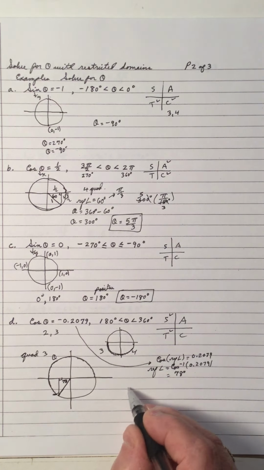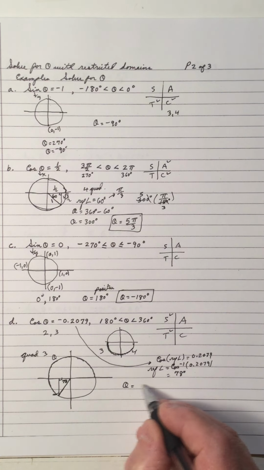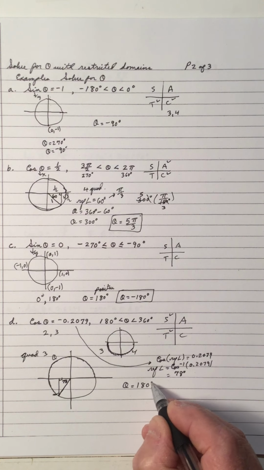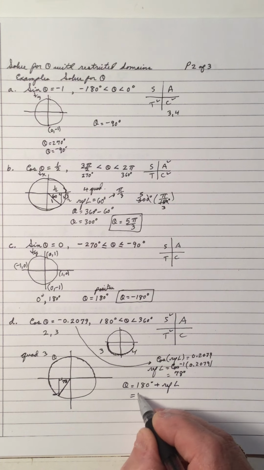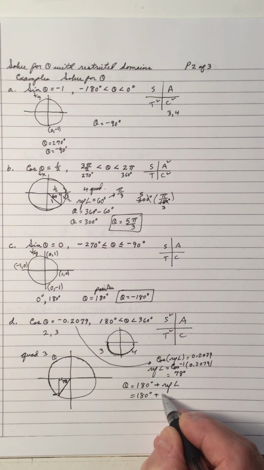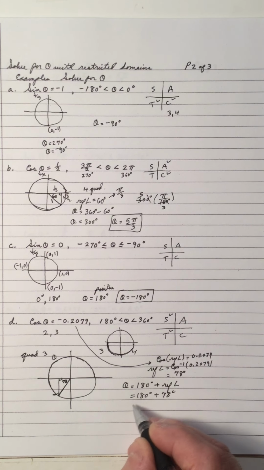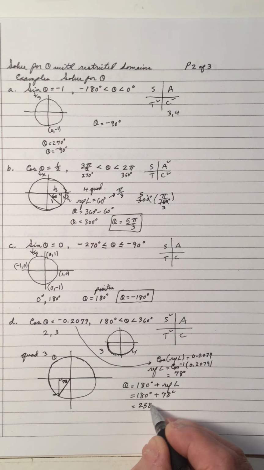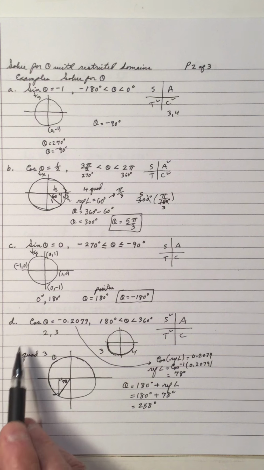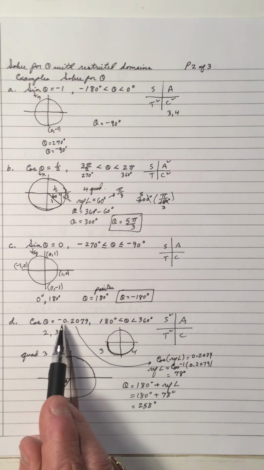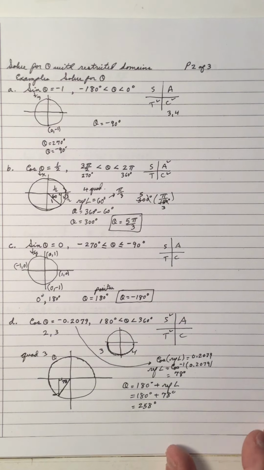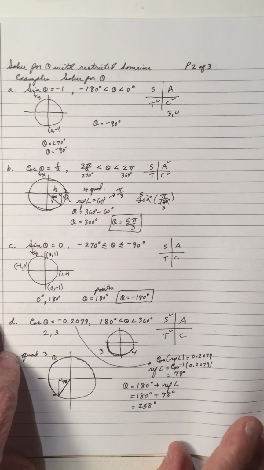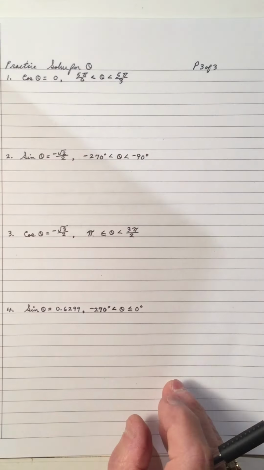So theta is 180 plus the reference angle, 180 plus 78, and so that answer is 258. And if you check the cos of 258, you should get a negative decimal, 0.2079 or close to it. Just check it out.